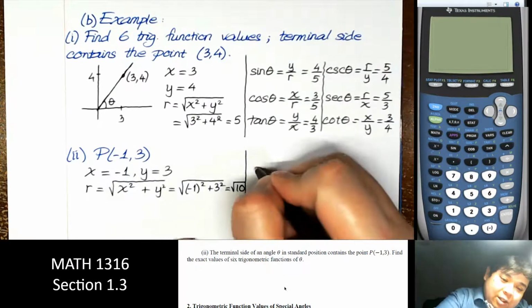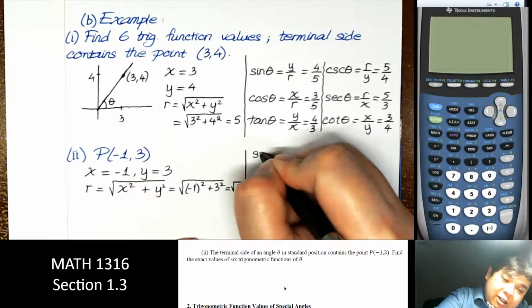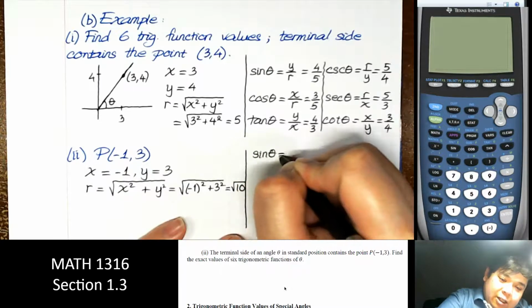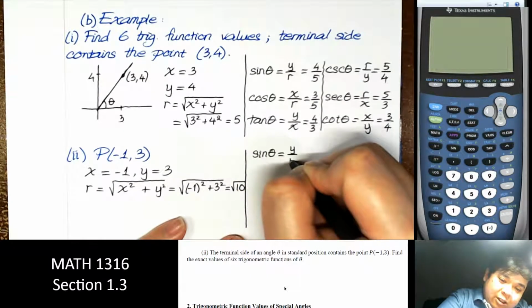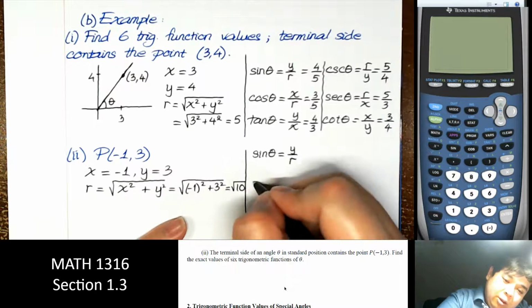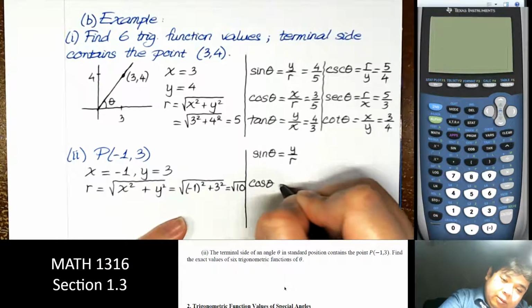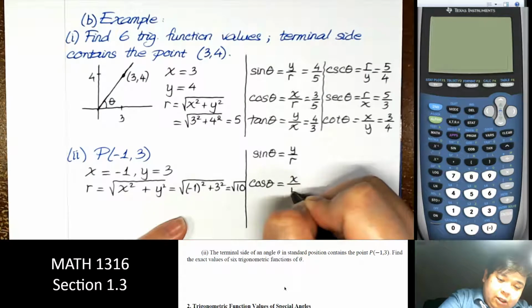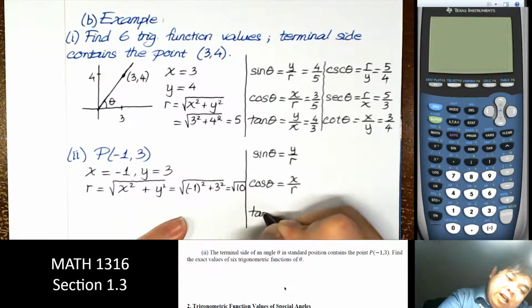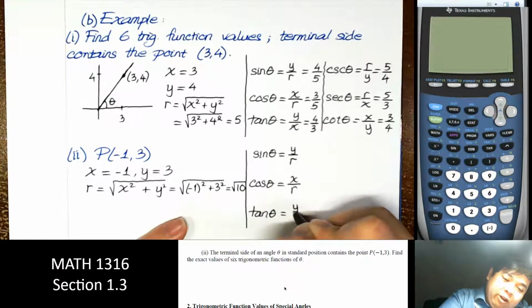Right. So sine is y over r, cosine x over r, and tangent y over x.